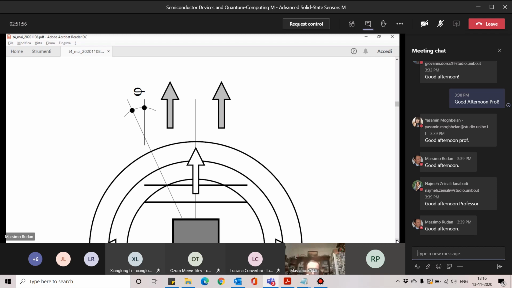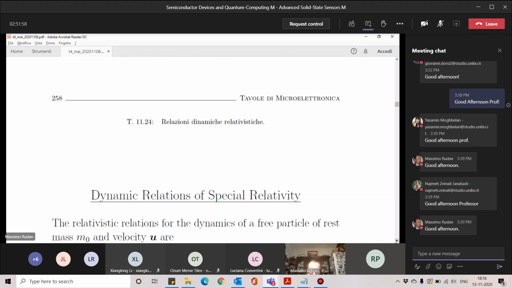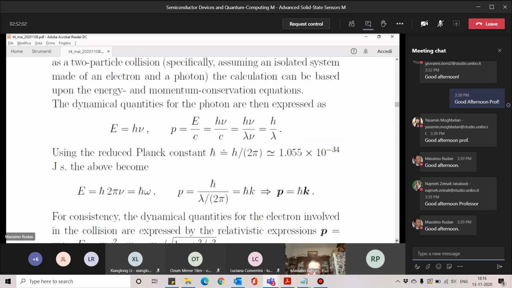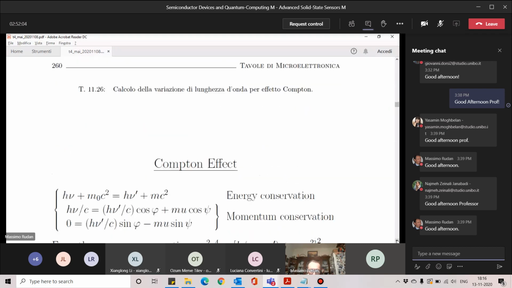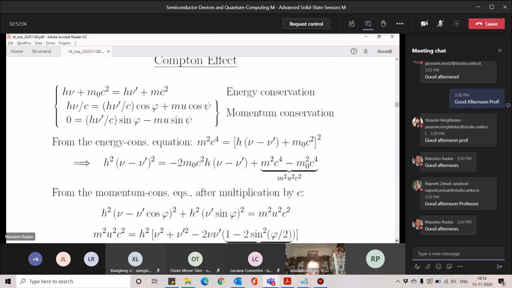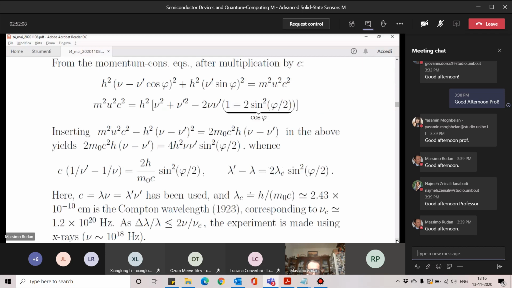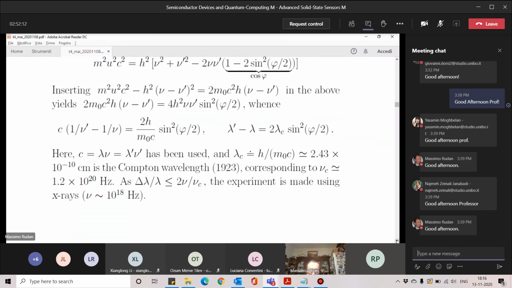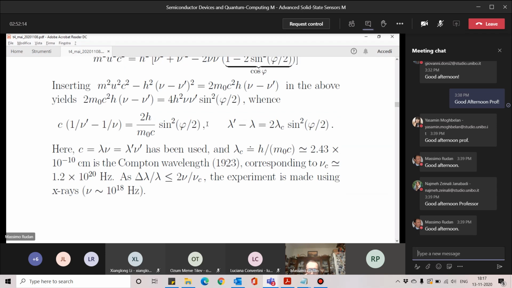Qualitatively, by this calculation, you understand that by eliminating the other angle, we end up with a formula that is due to Compton. And this formula is this one. It is better expressed in terms of the wavelength.